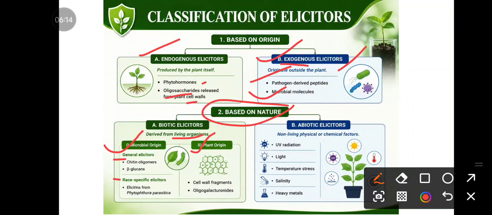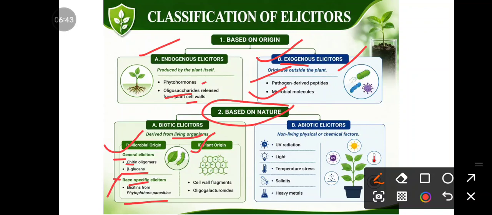General means they are produced by most microorganisms, like chitin oligomers and beta glucan, which are produced by fungi. The race specific elicitors are produced by some specific races of the pathogen, like Phytophthora parasitica producing the elicitin.